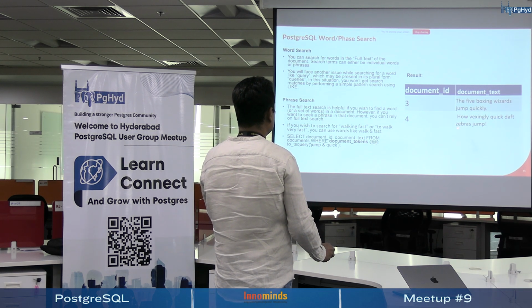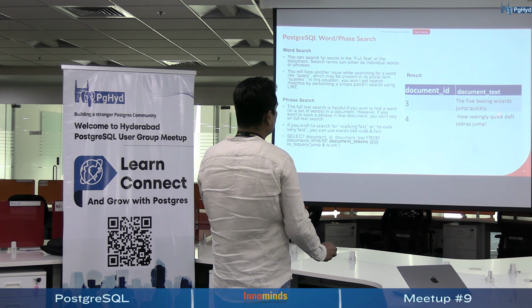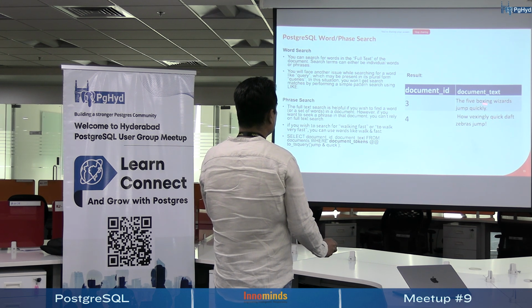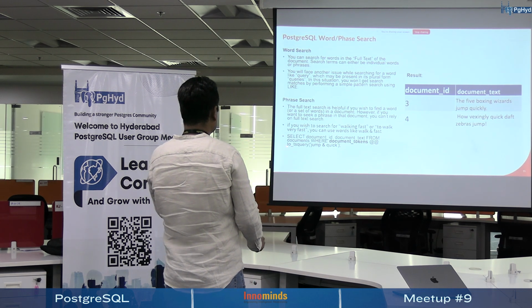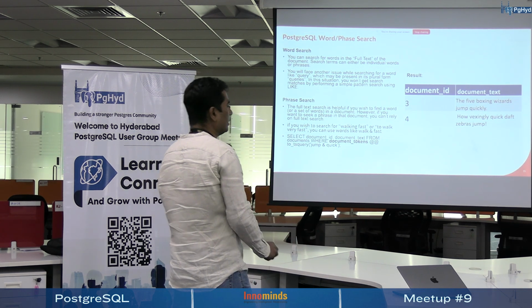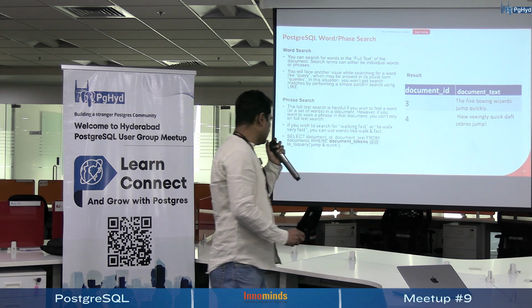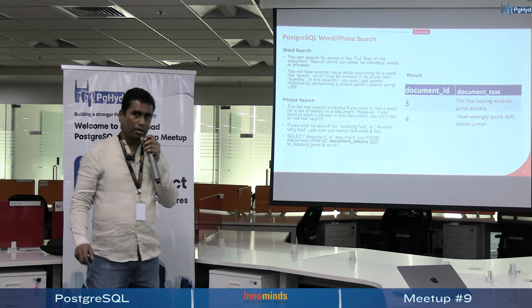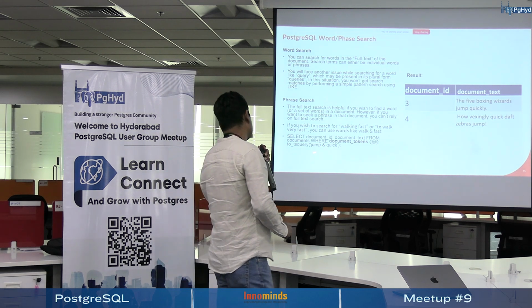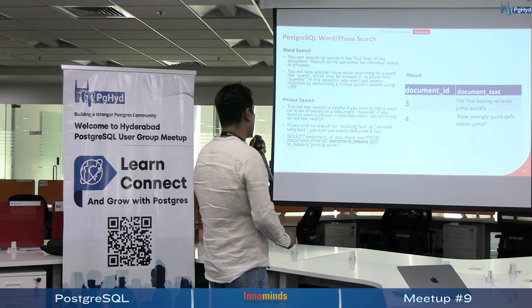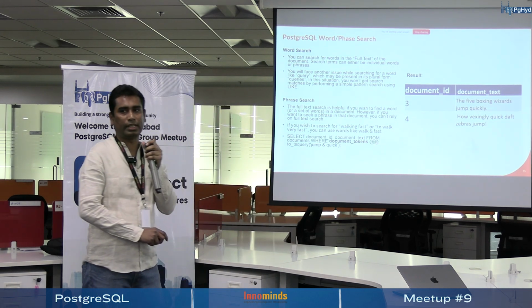And here also you can see jump is here and quick is here. So that's the reason both are coming up, because here we are using tsquery. So if you are using tsquery, then obviously it will give. But if you are not using tsquery here, say suppose you are using only jump and quick, in that case it will not filter.